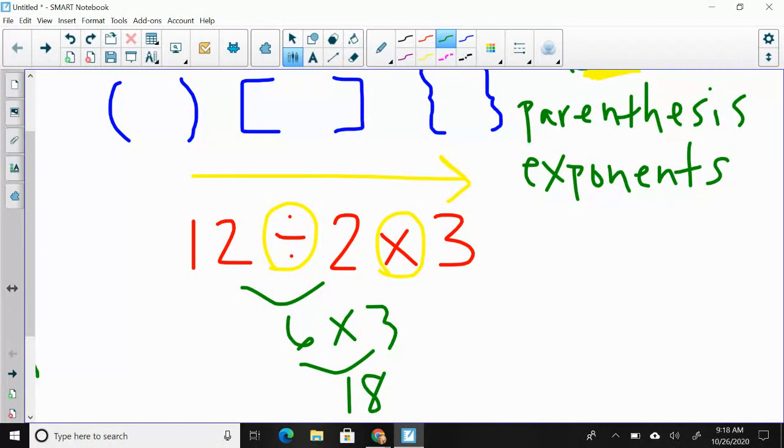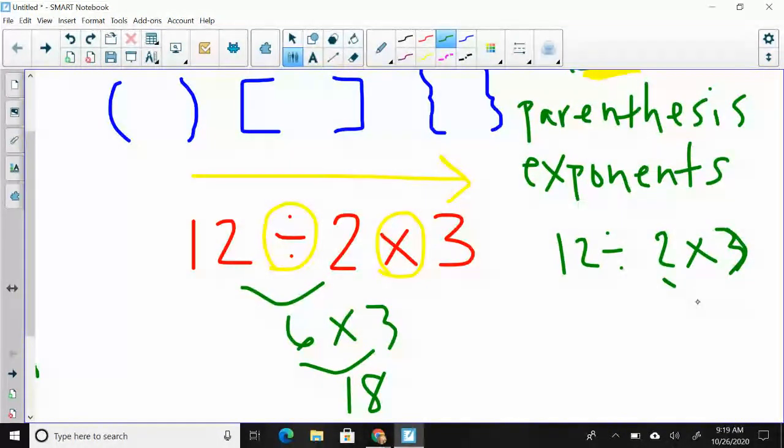Okay, if I did it the other way, and if I multiplied first, which is not the correct order of operations, because multiplication and division are on the same level.